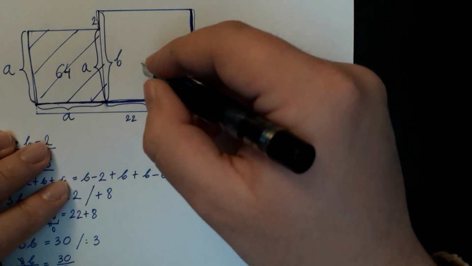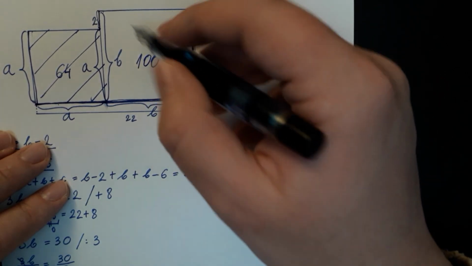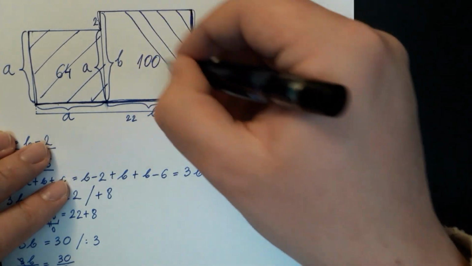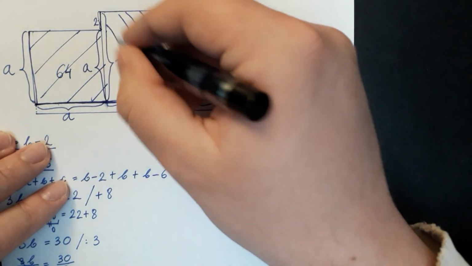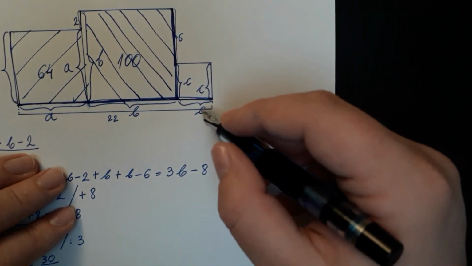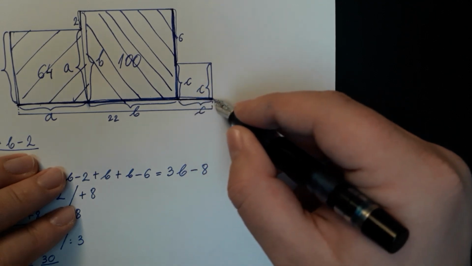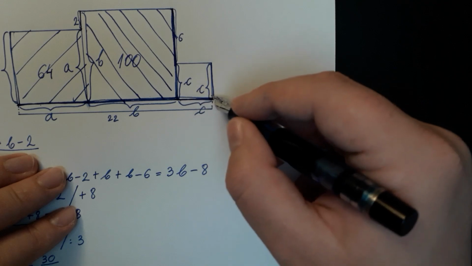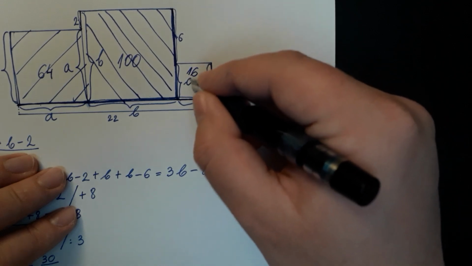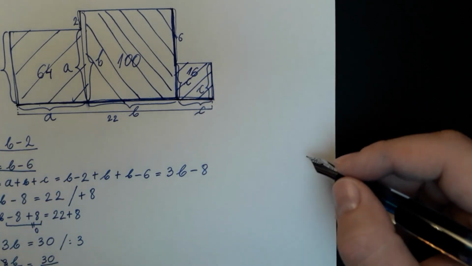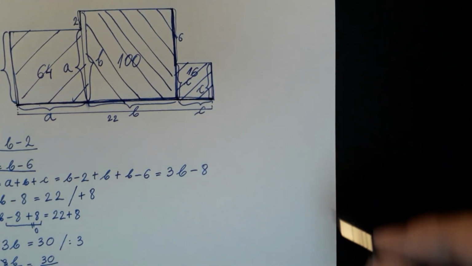So 10 multiplied by 10 is 100, and that is the area of this square, the big one in the middle of our drawing. Now the value of c is equal to 4, so this is the length of 4 here, and 4 times 4 is equal to 16, so we know that 16 is the area of this small square on the right side.